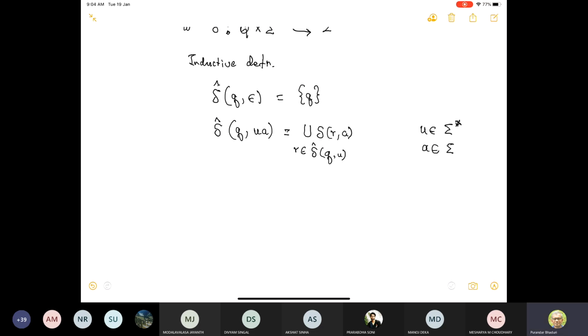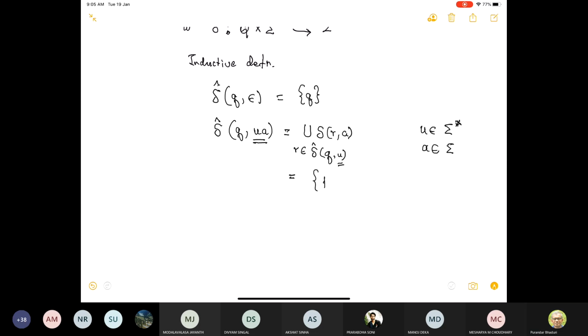So this is an inductive definition because for this string UA, the value of the function on this string is expressed in terms of the value of the function for a smaller string. This can be written in another way.